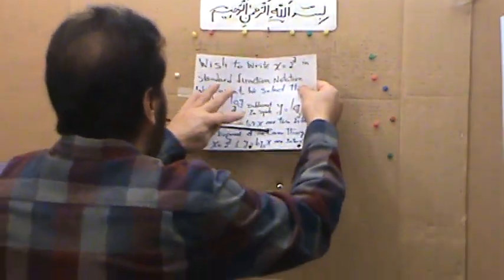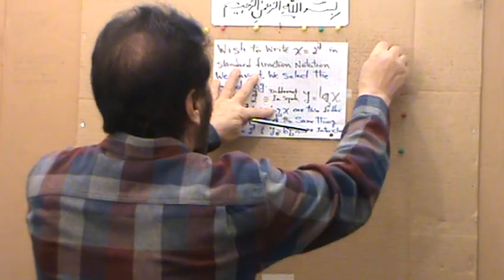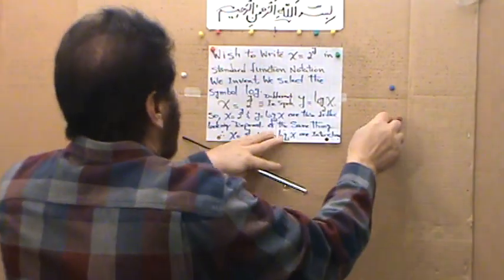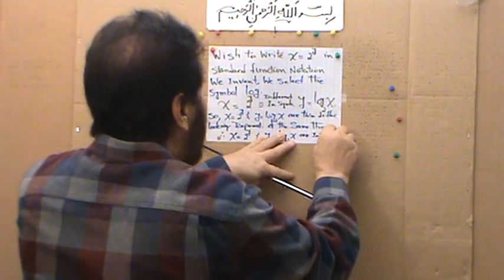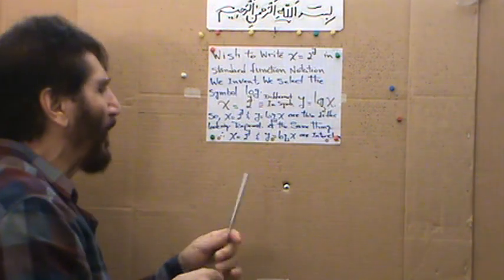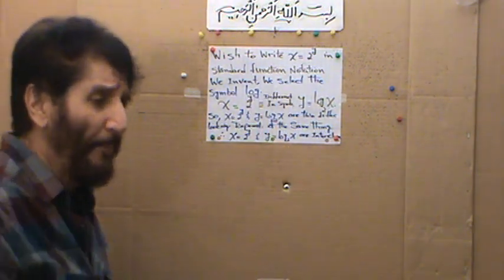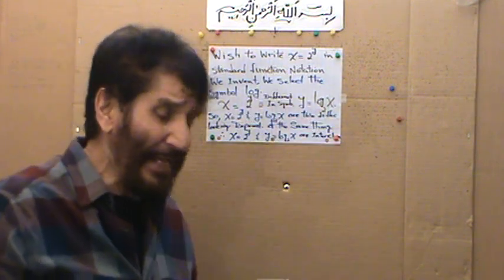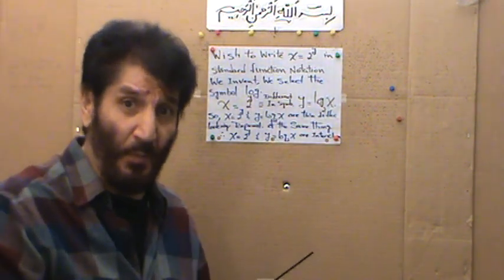I have written that one if you'd like to take notes for yourself. We want to write this one, x equal to 2 to the y, into function notation, and it is not as explicit as the other one was.